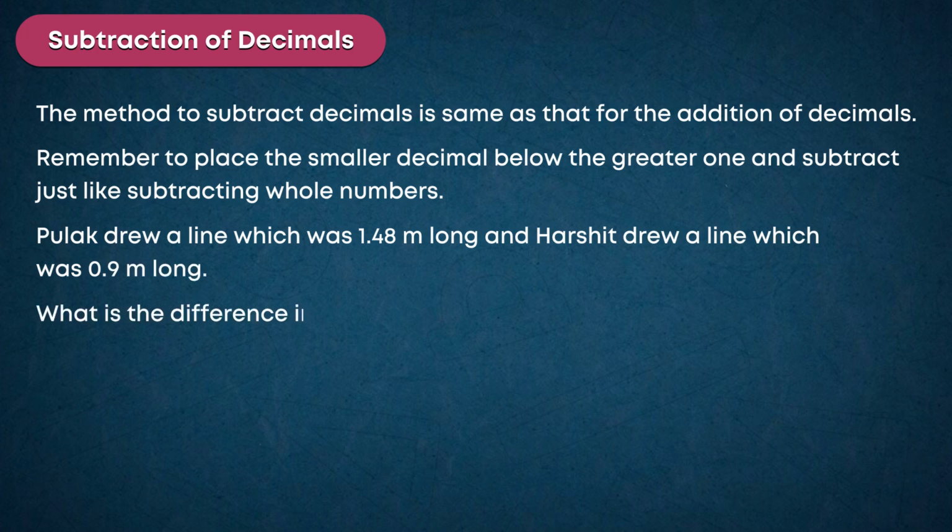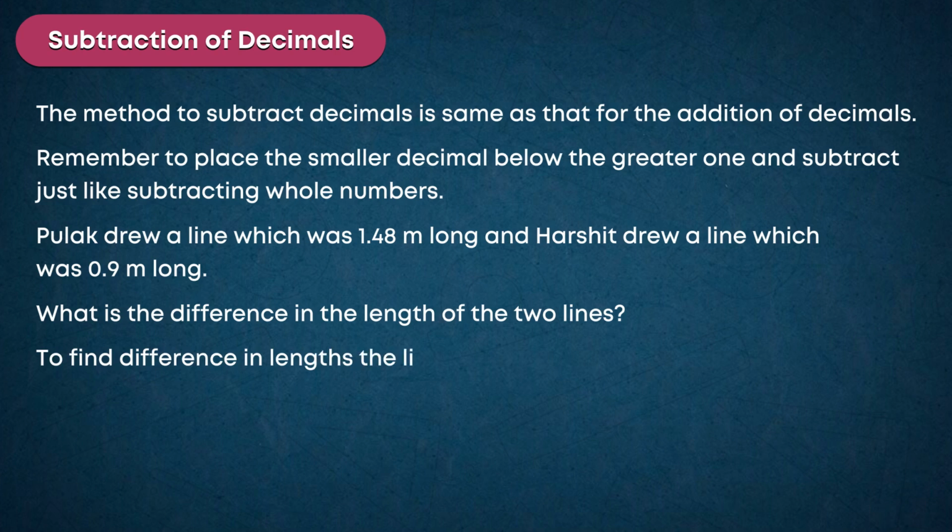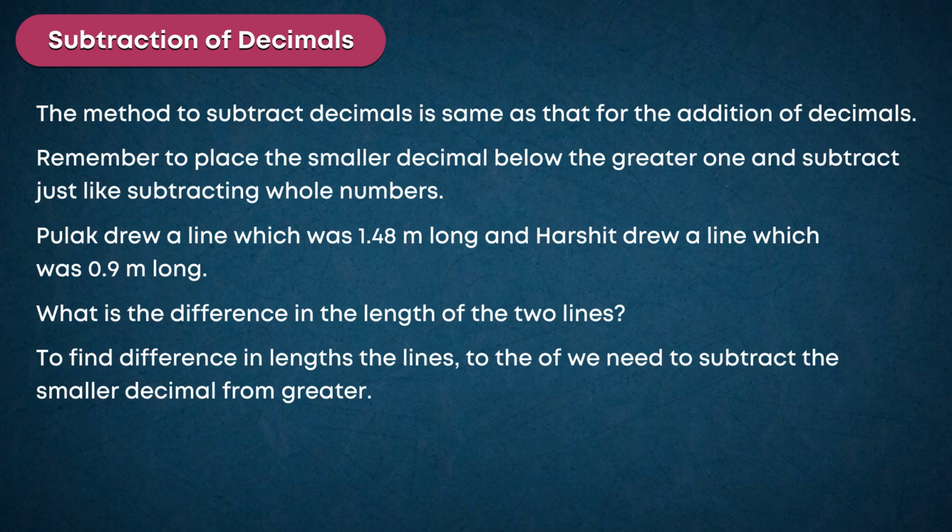What is the difference in the length of the two lines? To find the difference in the lengths of the lines, we need to subtract the smaller decimal from the greater. 1.48 is greater than 0.9.